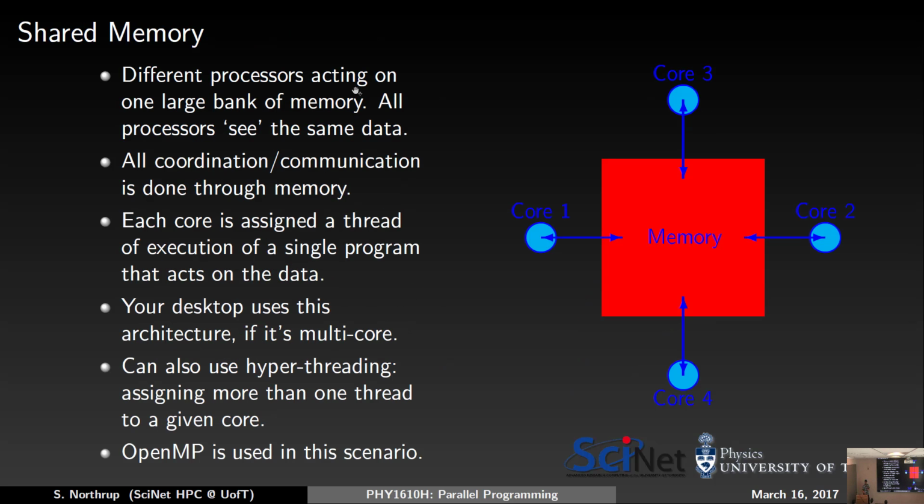Now, in shared memory, you've got a few more options. You can use MPI on this. It's perfectly fine. But there's also some easier ways to do it, because now we share the memory. So there's some organization that needs to go on there. But this is where the idea of threads and tasks we talked about comes in. You can actually break one processor up into a bunch of individual pieces. So the task can be broken into a series of threads.